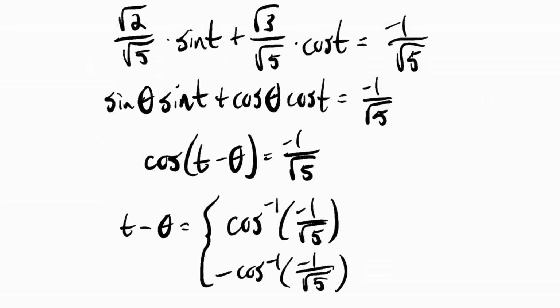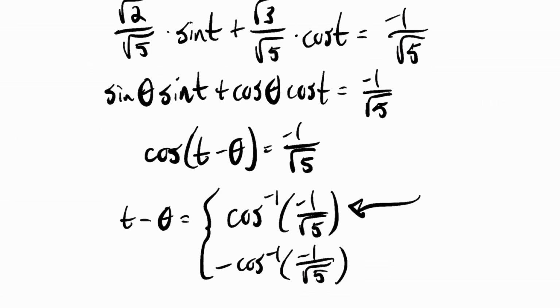So two possibilities. There's, we hope, a quadrant 1 angle value and a quadrant 2 angle value that have the same cosine value. That's what we should be expecting, right? This one is a quadrant 1 angle. This one's a quadrant 4 angle because we've negated it.